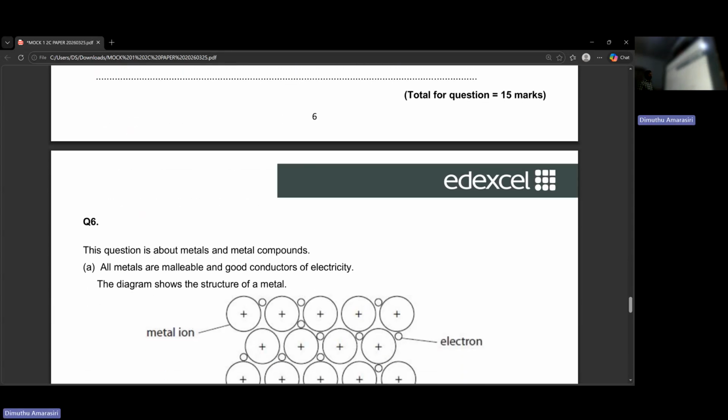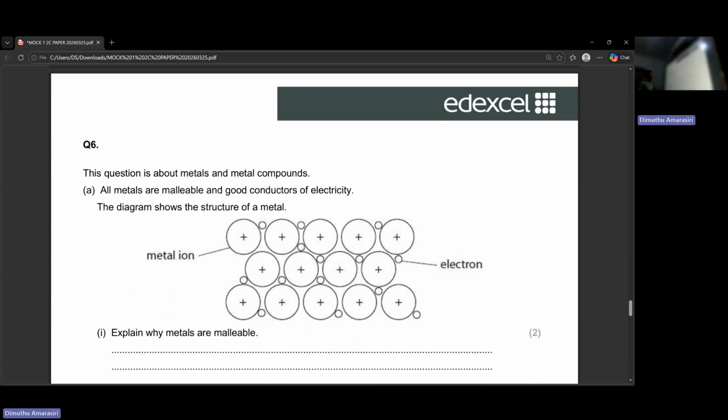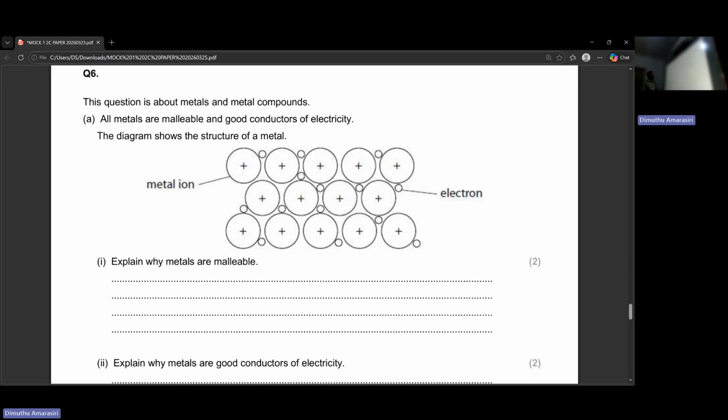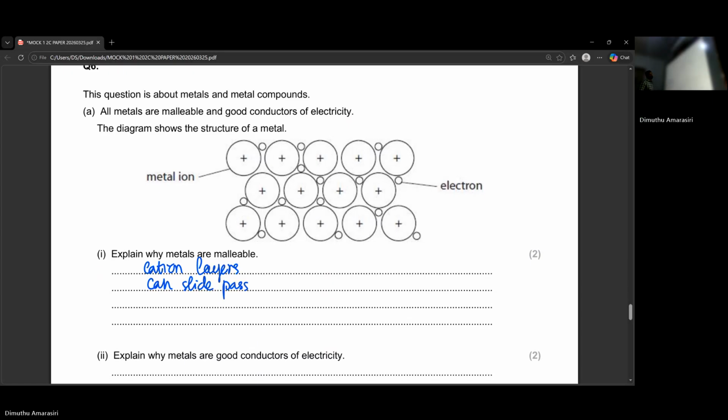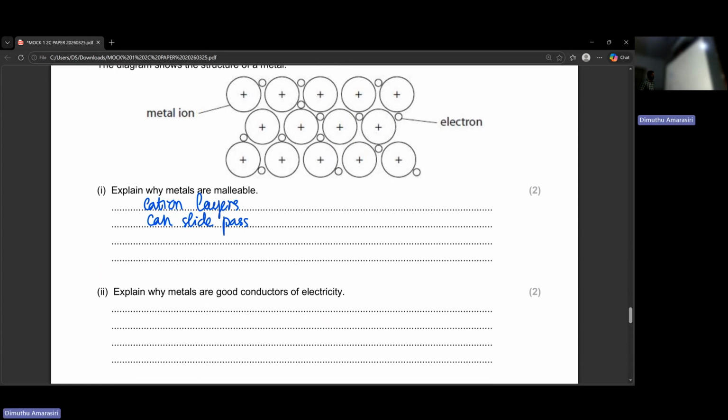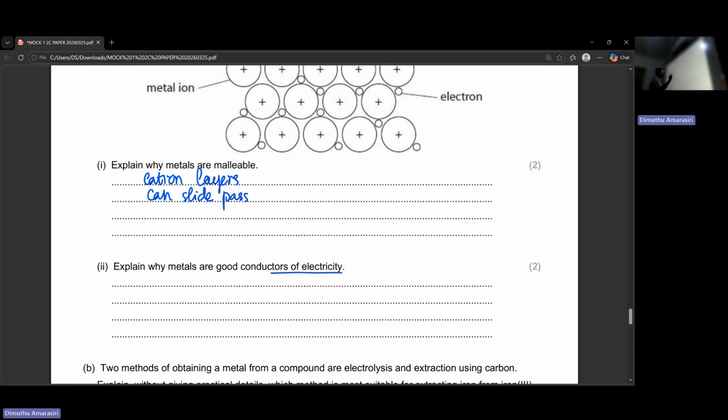This is a question about the metallic structure. Explain why metals are malleable. Cation layers can slide past. Explain why metals are good conductors of electricity.